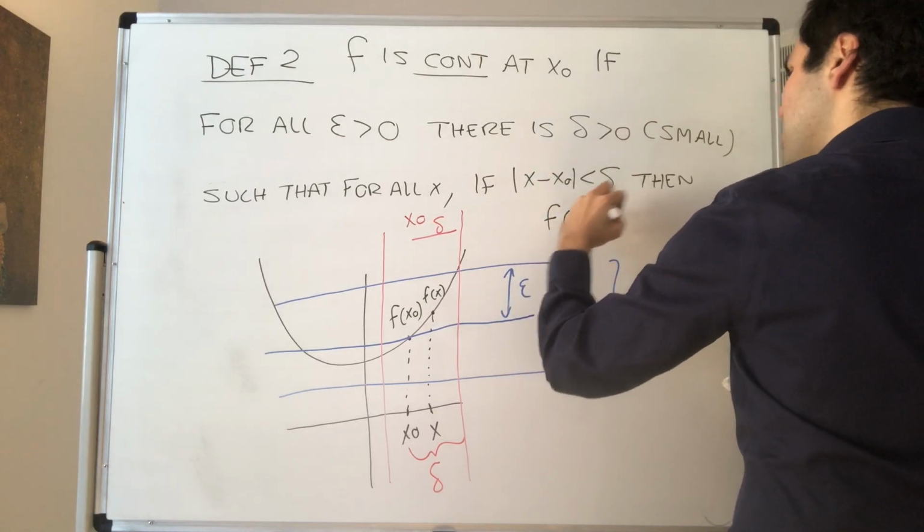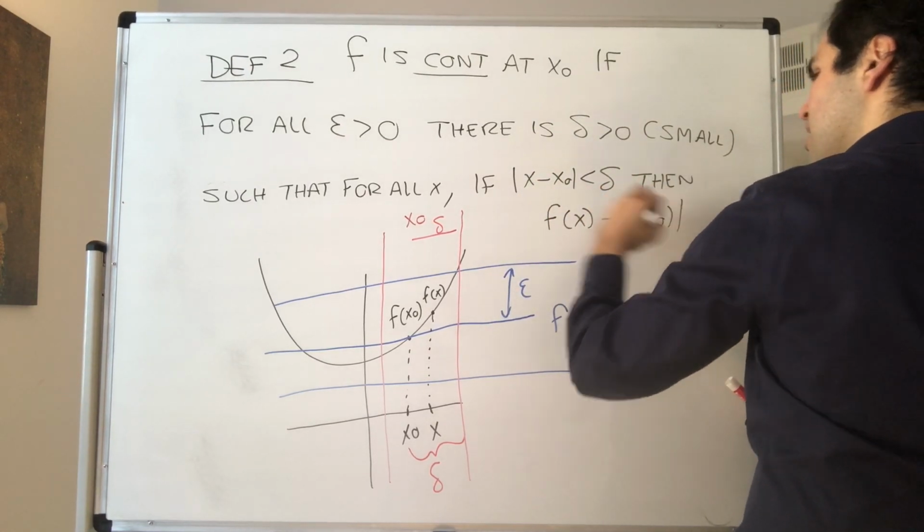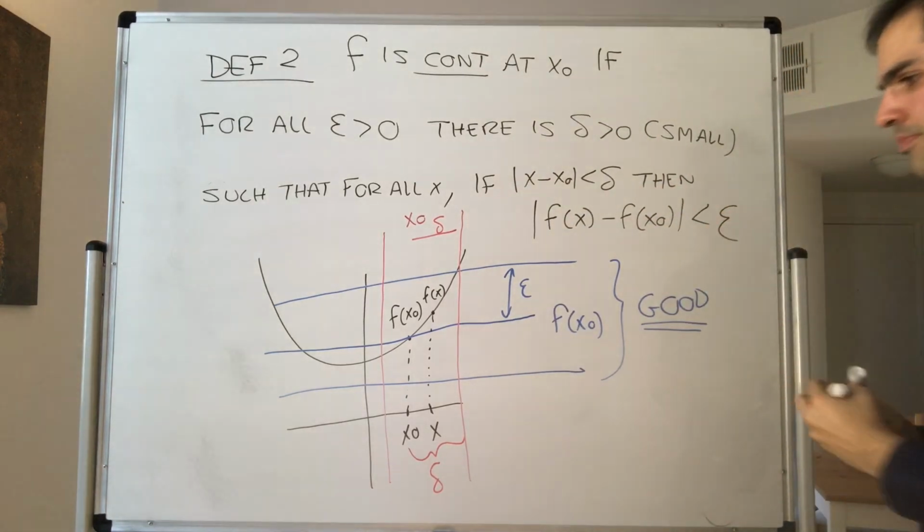Then f of x minus f of x naught is less than epsilon.